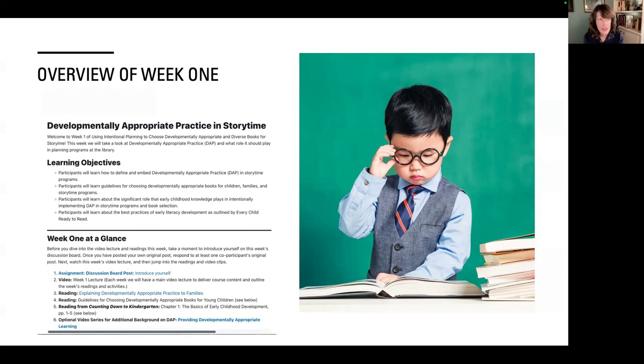It's going to look similar for every week. As you can see, the focus for the week and the learning objectives are outlined here. So for week one, we're going to focus on building an understanding of developmentally appropriate practices for story times, along with an understanding of the best practices for early literacy development as outlined in ECRR.